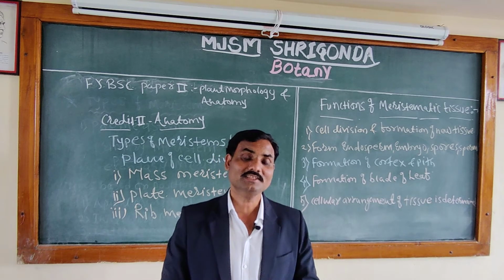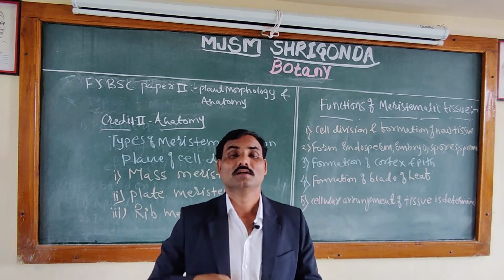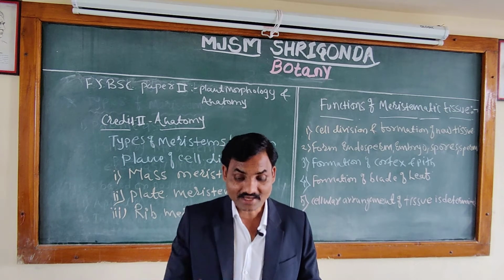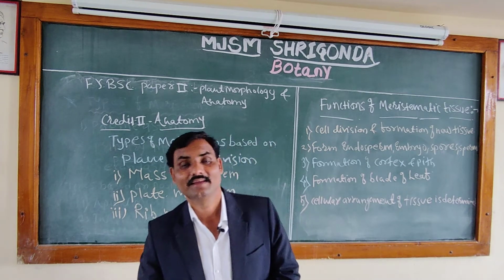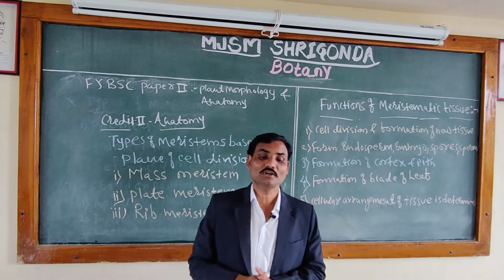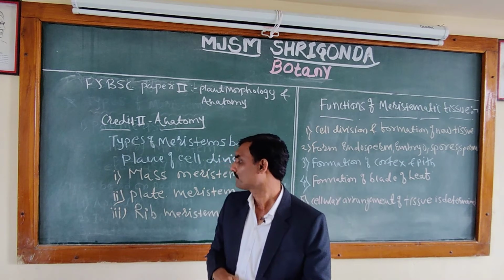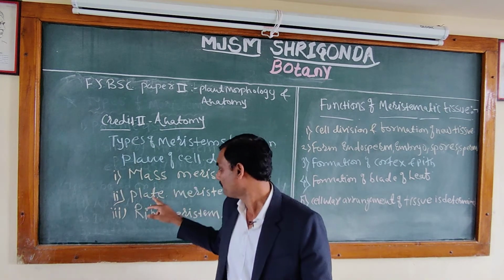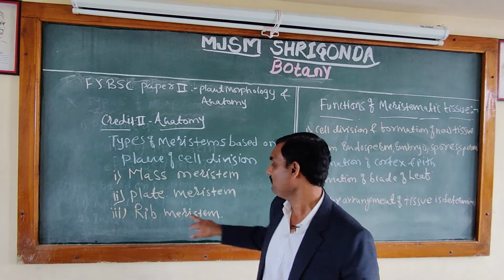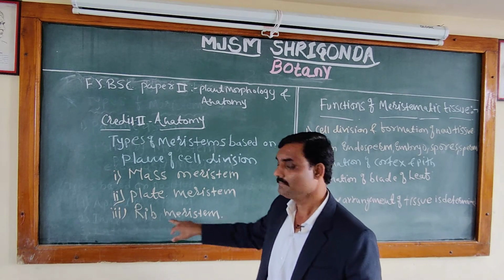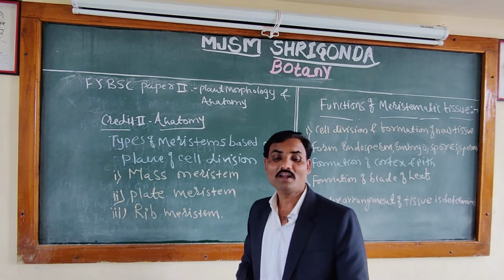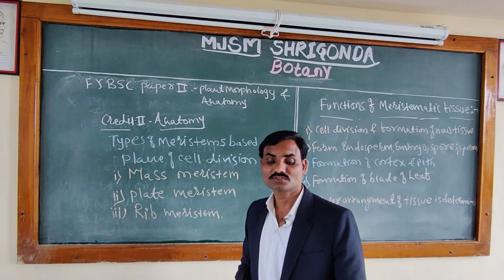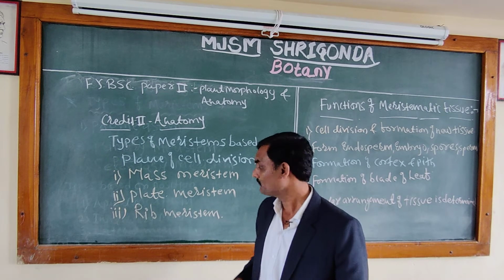The young roots, pith, and cortex in the young stem are the examples of rib meristem. Mass meristem, plate meristem, and rib meristem. Rib meristem is the formation of young roots, pith, and cortex of the young stem.